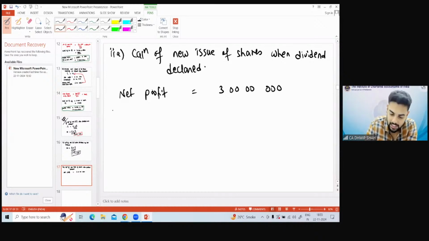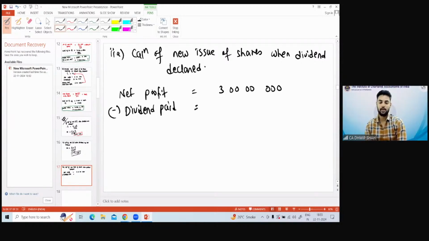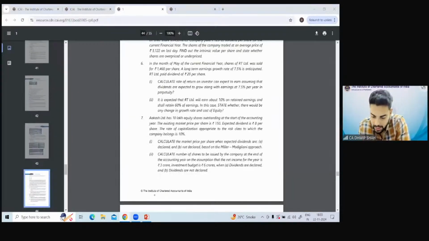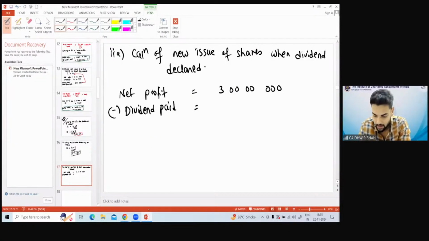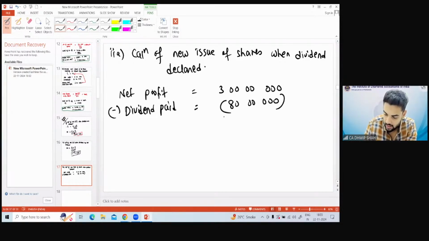But when dividends are declared, I will first pay out the dividends from this net profit, and the balance amount I will invest. So how much is the dividend paid? Number of equity shares are 10 lakh and dividend is 8 per share. So 80 lakh rupees of dividend would be paid. Yes or no? So from this net profit, let's first pay out our dividends. Balance amount will be available for investment.